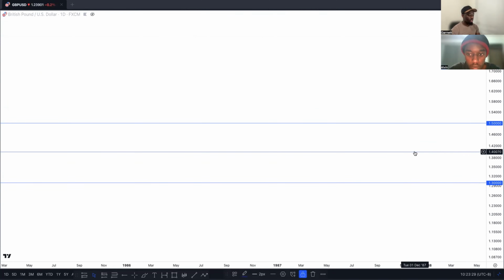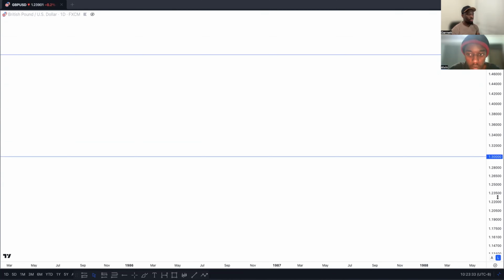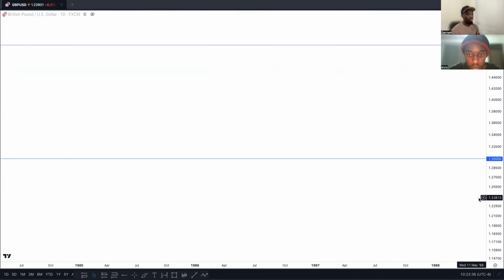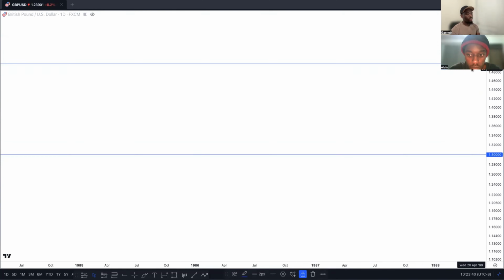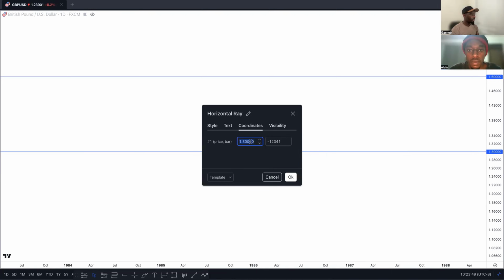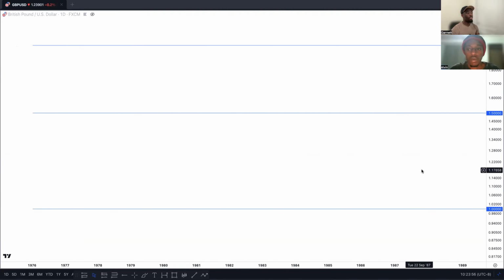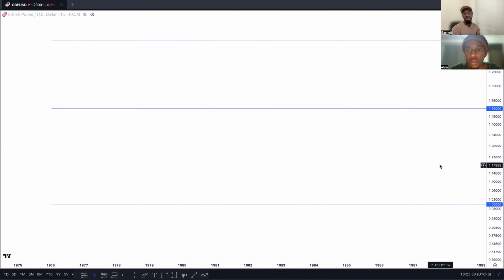So I can take this level off. If we go 5,000 pips below this, what level are we looking at? 1.0. All right, cool. So these will be my levels now on GBP USD. And I'll bring the charts back in.